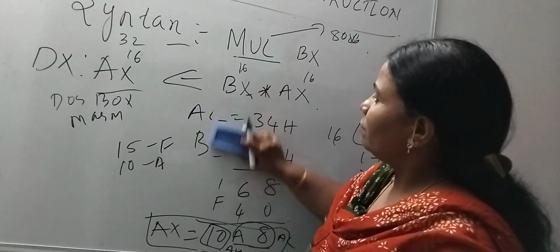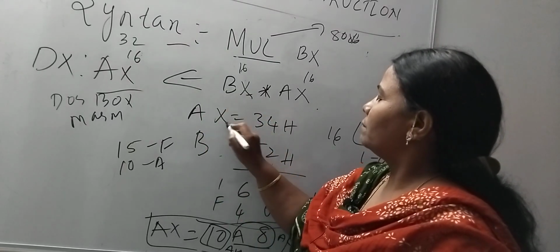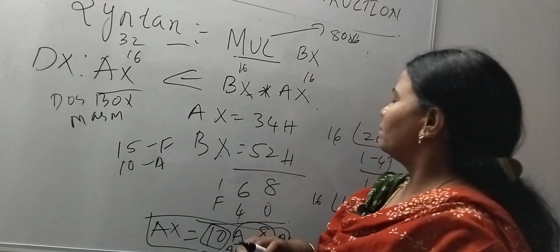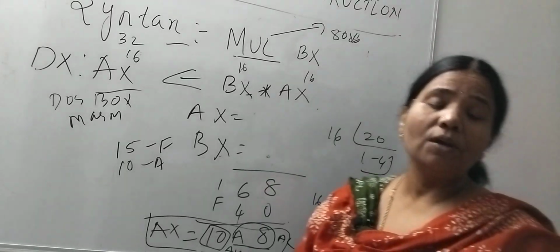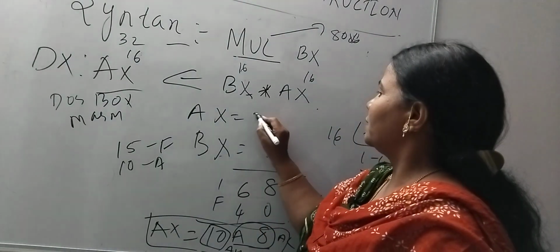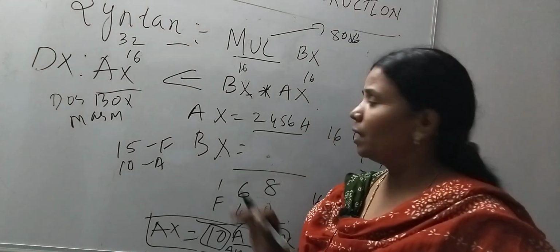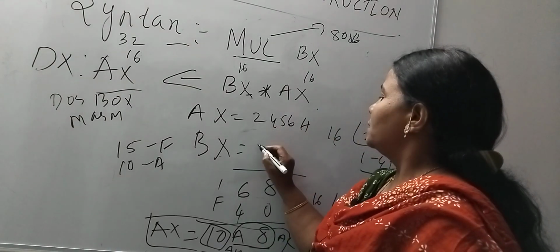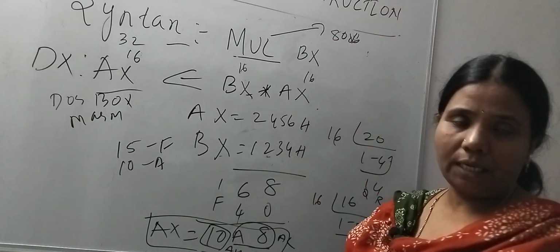Instead of AL and BL, here we take the AX value and BX value, which are 16-bit. 16-bit means 4 hex digits. Take for example 2456H, a 4 hex digit number which is 16-bit. Similarly I have taken 1234H, also a 16-bit number.